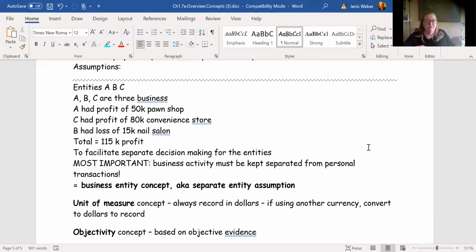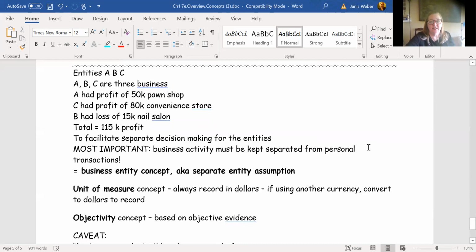Okay. Now, one of those concepts is the entity concept. We're just going to pick up a few from each chapter. If there are three businesses, they're supposed to be kept separate so you can track what's going on in each business. A corporation is kept separately from its owners. Partnerships are kept separately from their owners.